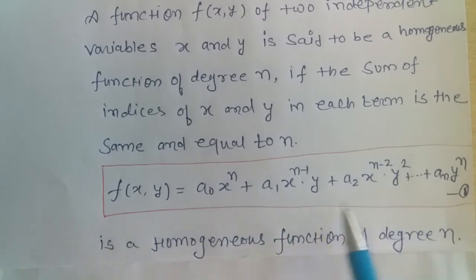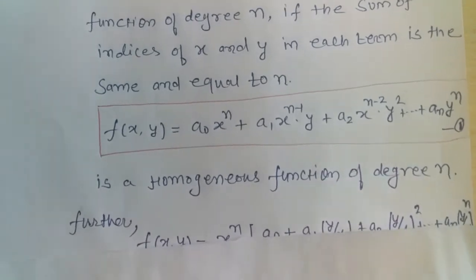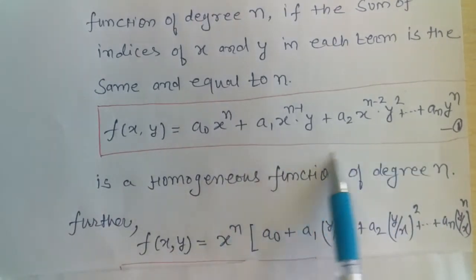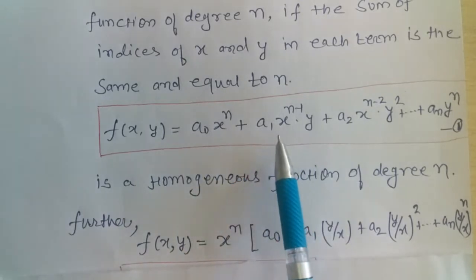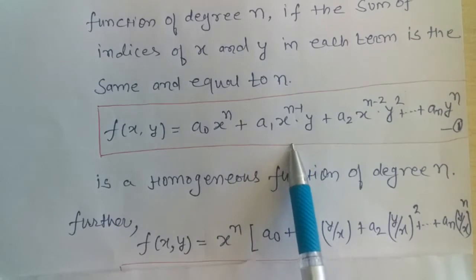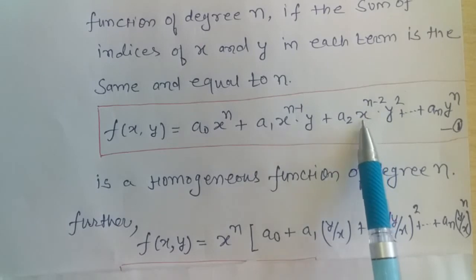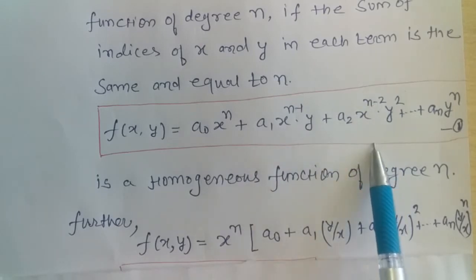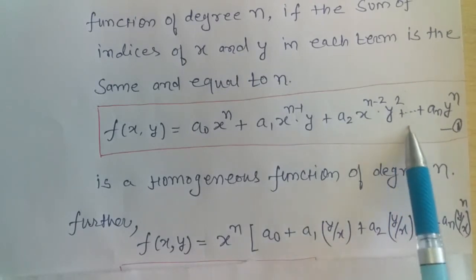Further, this function can be expressed as follows. We take x^n common from this expression, then we have f(x,y) = x^n [a0 + a1 (y/x) + a2 (y/x)^2 + and so on.